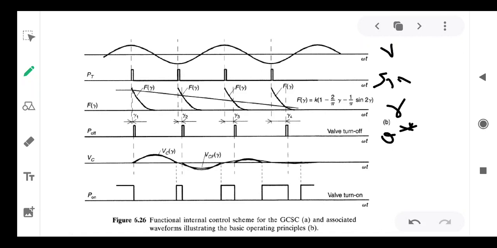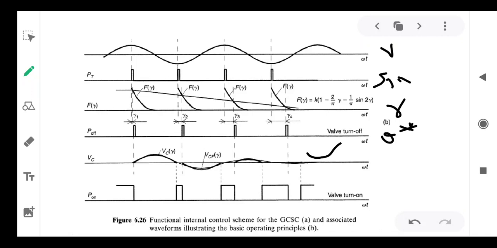That means you can control the turn-off delay angle gamma, so that the VC waveform can be controlled as shown here. This waveform is controlled by using the previous control circuit.